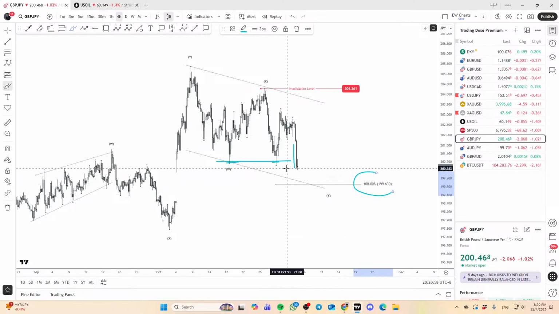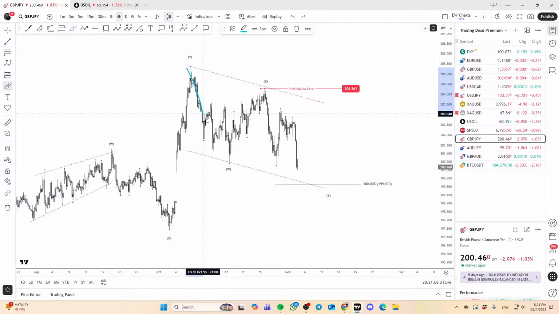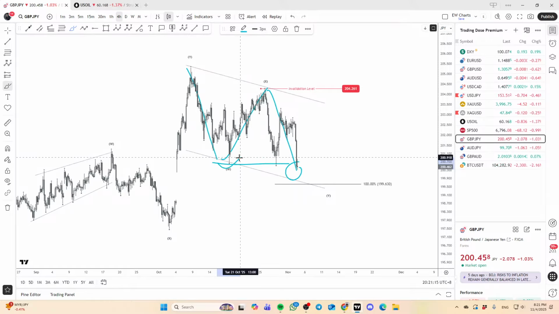However, we need to understand that it doesn't mean the market needs to complete the 1:1. What's the bare minimum for a 3-wave expectation is for the market to hit 1, 2, and 3, as long as it takes out the previous low. Okay, it doesn't need to close, it just needs to tag it. Technically, it can be considered as a 3-wave move completion, right?